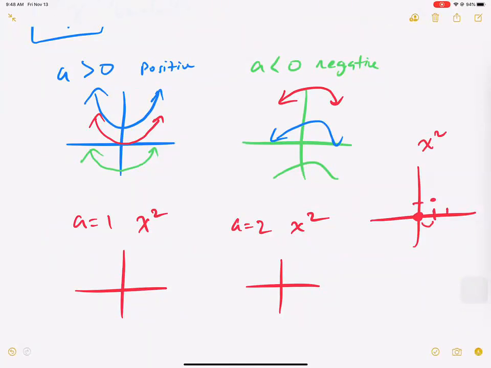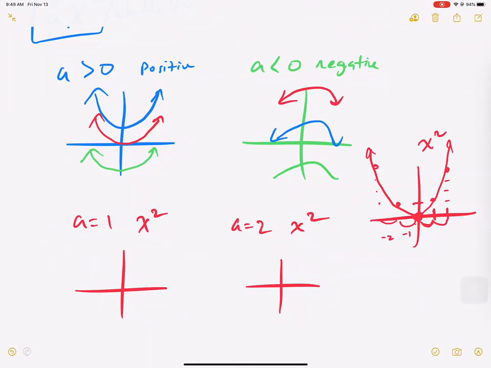What is 2 steps over? 2 squared is 1, 2, 3, 4. If I go in the negative direction, negative 1 squared is positive 1, 1 step up. Negative 2 steps over is positive 4. We can draw a parabola by just counting our steps, and that's always based on the a value.